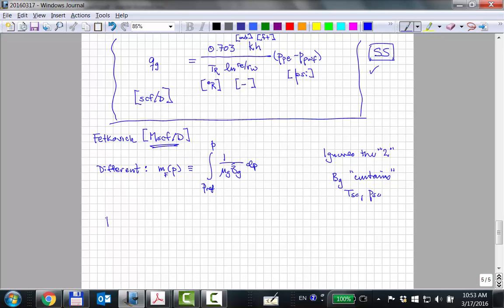And if we want to write the pseudo-steady state, or the so-called boundary-dominated equation, then we're going to use average reservoir pressure instead of PE, and we're going to add skin to the equation.